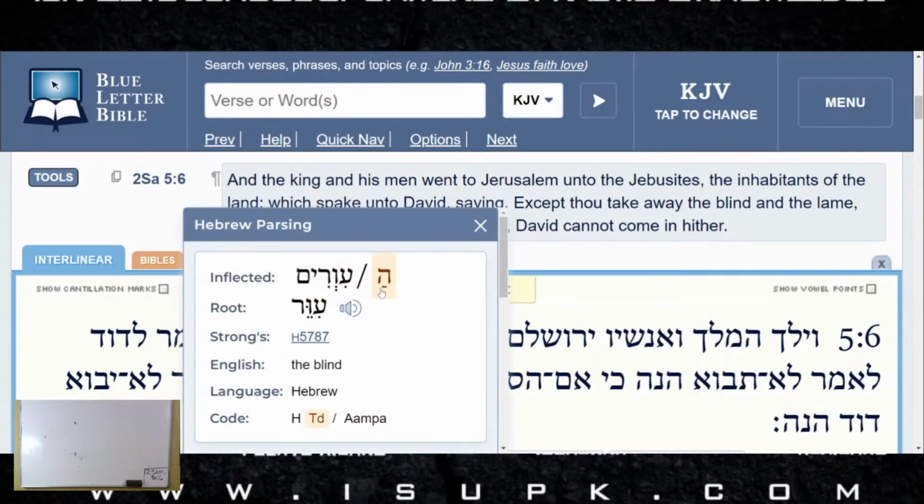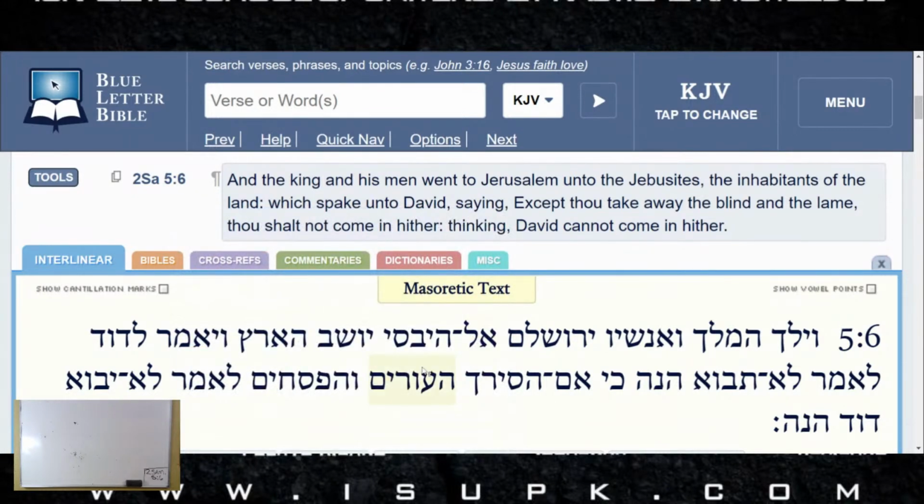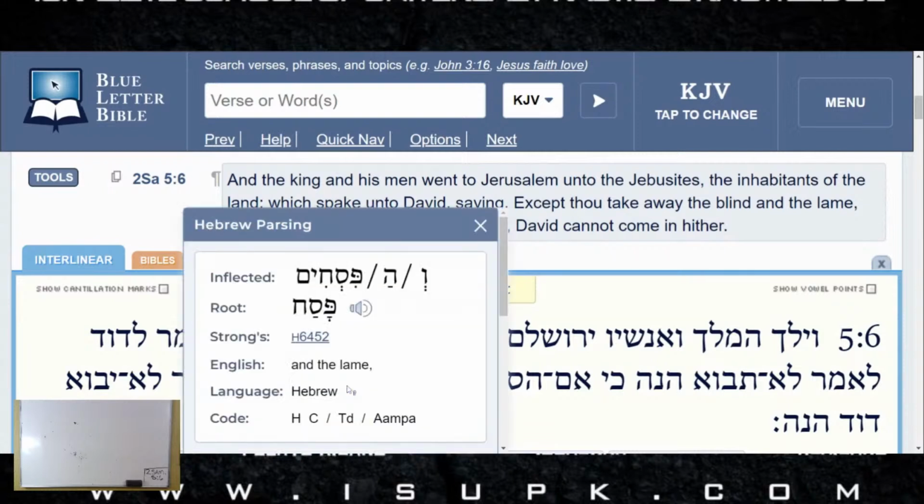Right? Or in that case, it was take away. I wore is the root word, the blind, except you take away the blind, and it's plural. Except you take away the blind, and the pasakim. Now I use Passover on purpose, but remember we wrote lame, we wrote limp, and we wrote skip.